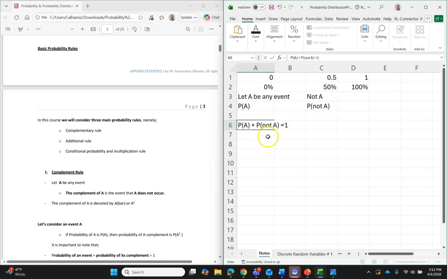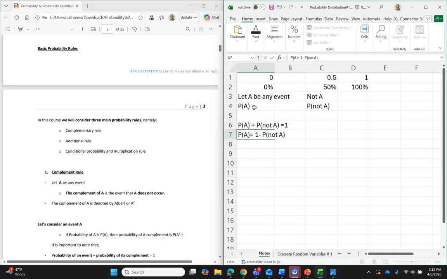In this case, we can do a number of mathematical manipulations, meaning that probability of A equals 1 minus probability of not A. So let's say I have probability of not A, and I have no idea about probability of A, and I know when you add them, you'll get 1.